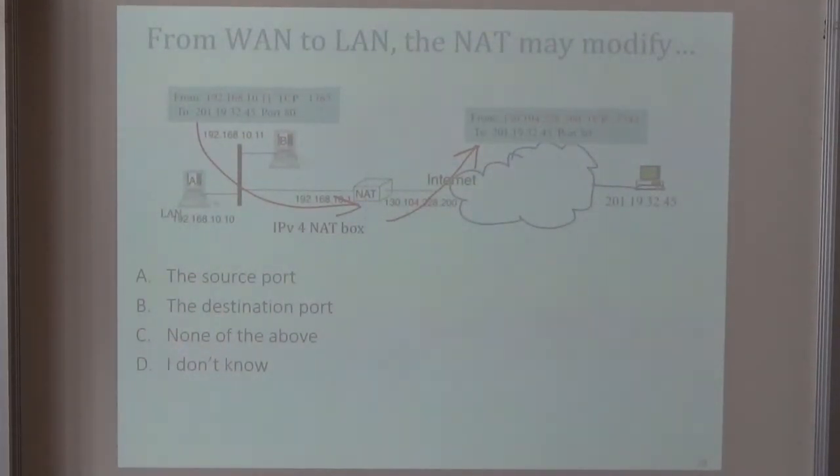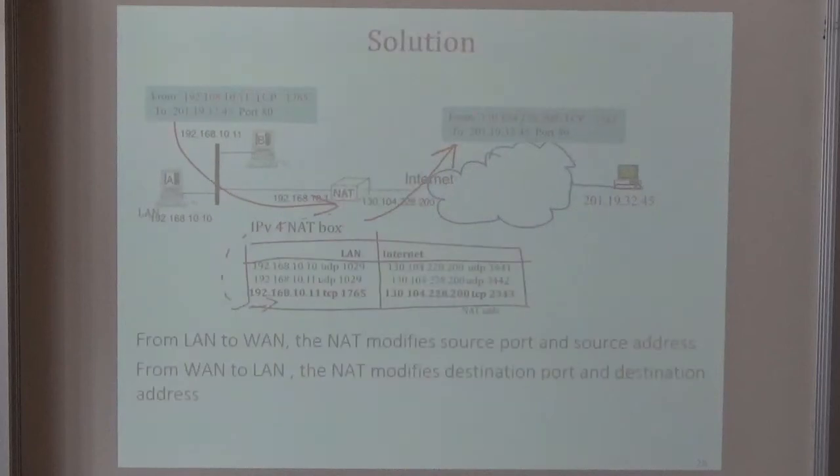And the correct answer is, of course, the destination port. In fact, it's not just the destination port, but also the destination address from the WAN, which means from the internet, to the local area, which is illustrated here, right? Voila, that's the story of NATs.